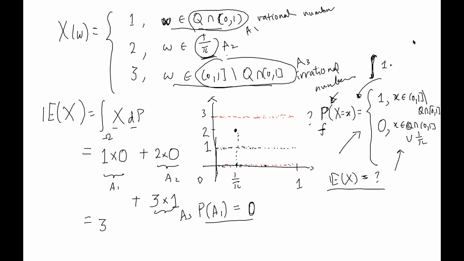Okay, maybe I also show another example here. A special case: indicator random variables.